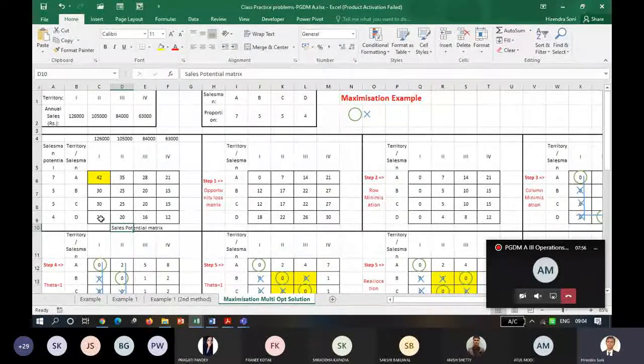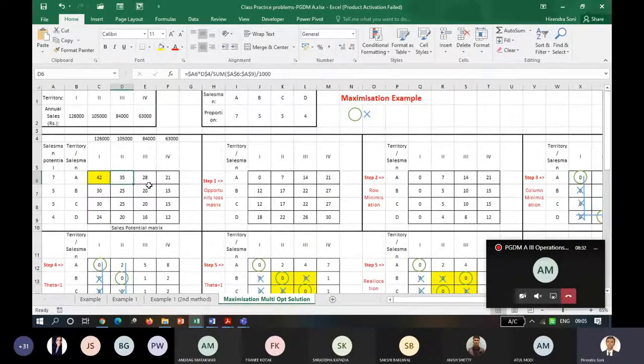Okay. So the question was basically about maximization and the method that we had seen is about minimization. So what we did was, the first step: if salesman A is the maximum, the sales that we are able to generate is 42,000. So how much is the opportunity loss compared to the maximum sales? 42,000 was the maximum sales.